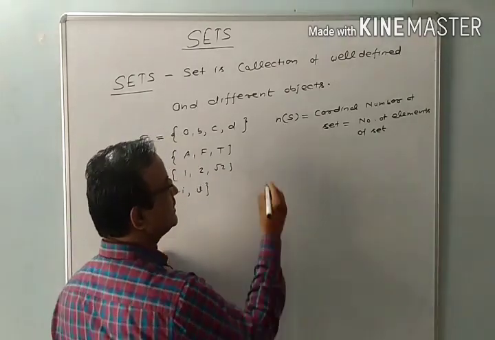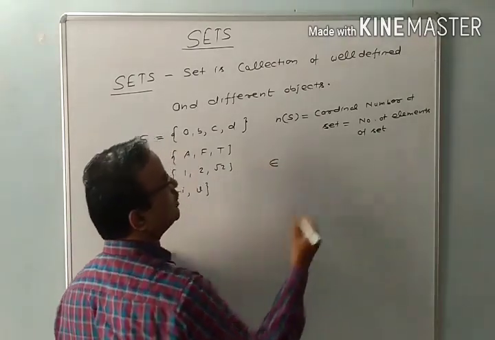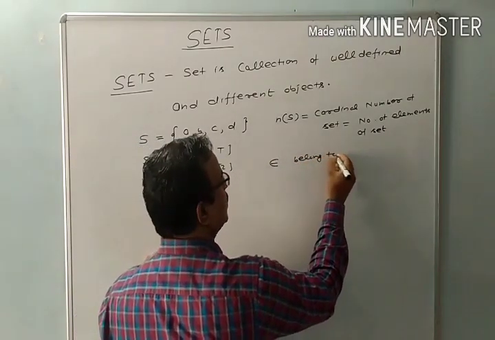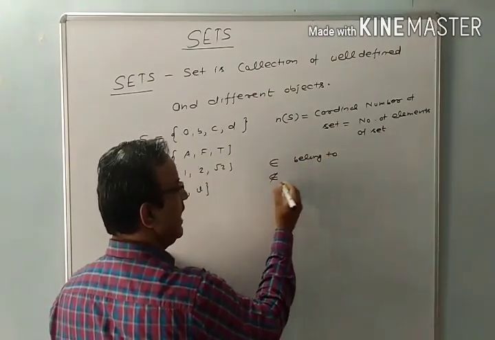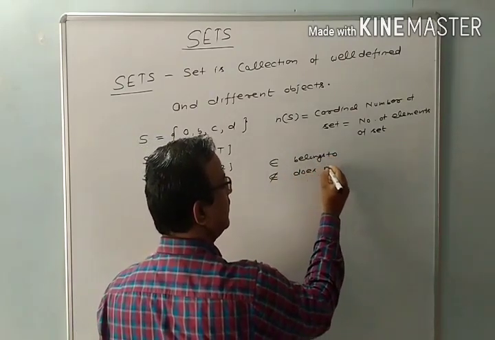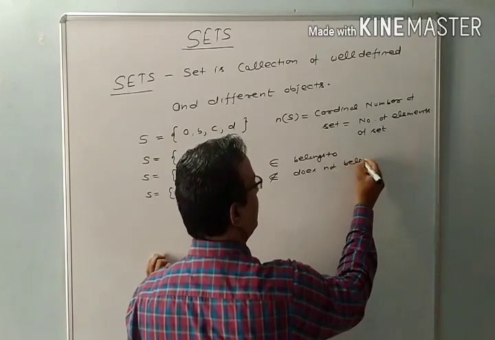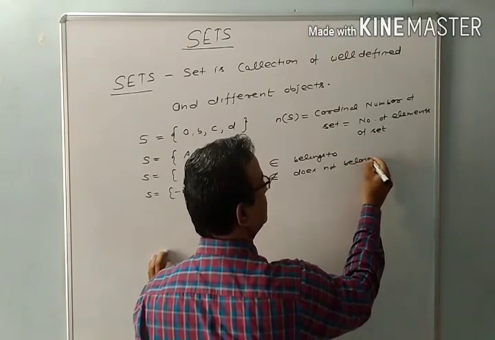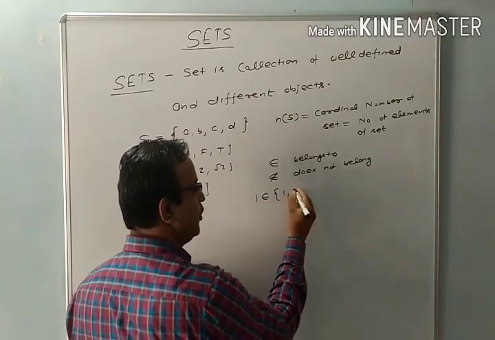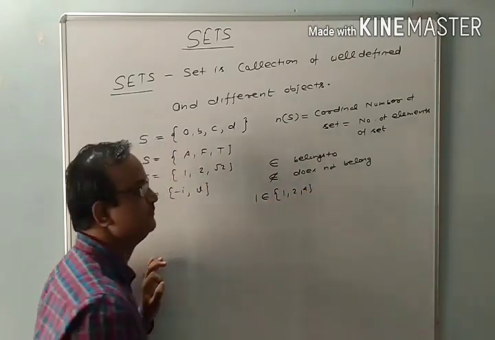Some more important symbols now. This is 'belongs to', and this is 'does not belong to'. That means we write 1 belongs to {1, 2, 4}.